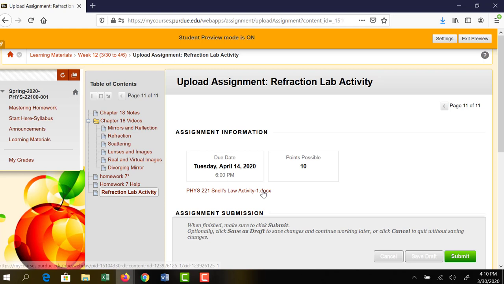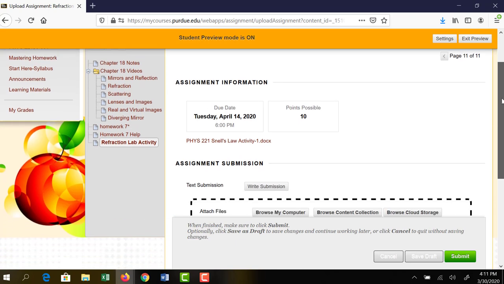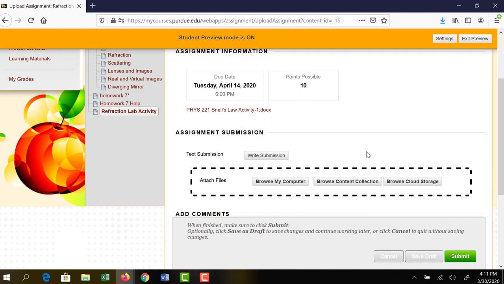It's the document here. You could either work alone, or if you still have your group members' email, you can do this as a group. There's no formal write-up for this activity. It's just go through, do the calculations, answer any questions that might be in the activity, and then submit it. When you finish it, you can submit it this way. This is probably the easiest way.